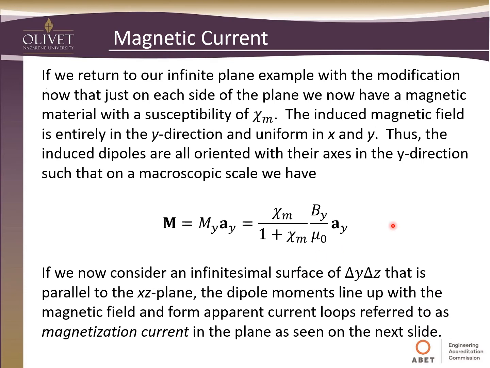So if we now consider an infinitesimal surface, delta y, delta z, that's parallel to the xz plane, the dipole moments line up with the magnetic field and form apparent current loops referred to as magnetization current in the plane, as seen on the next slide.